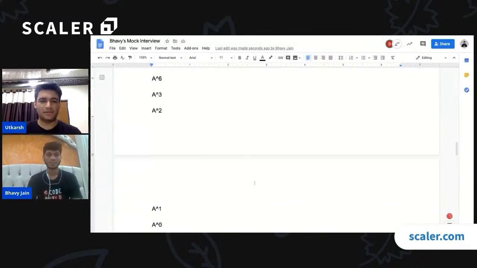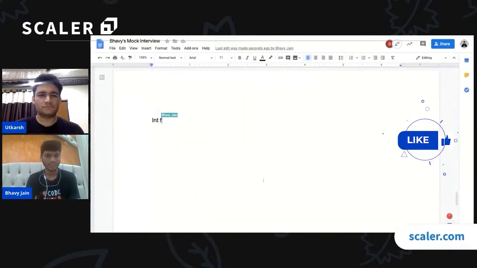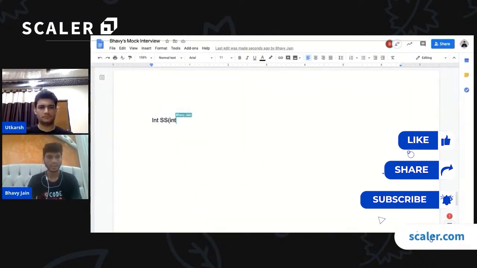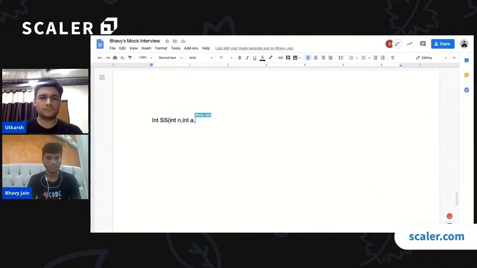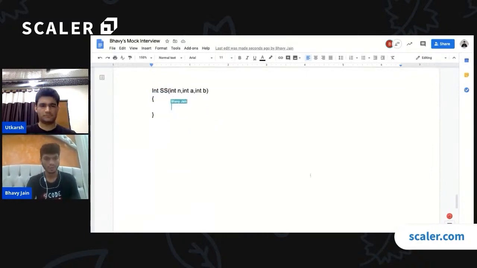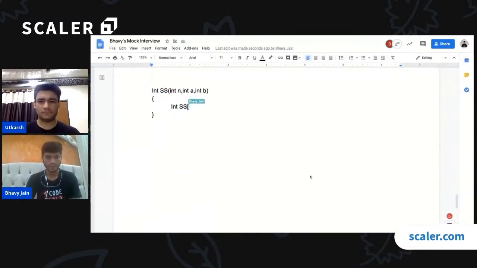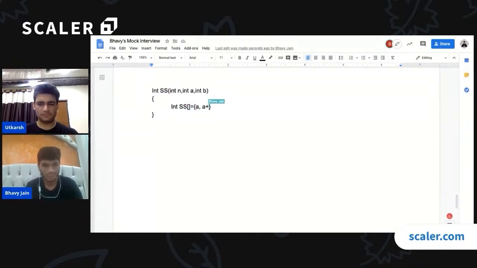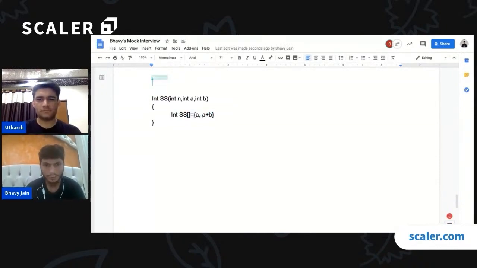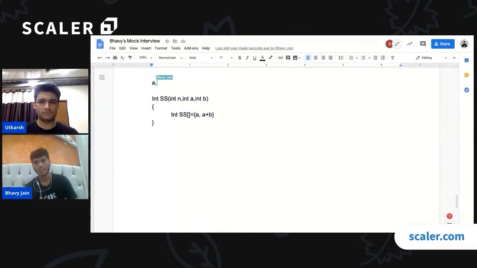The function takes int n, int A and B, which are the initial values. We should use the first 4 values as base cases, right? Whenever we get a matrix, we'll multiply it by these 4 values.